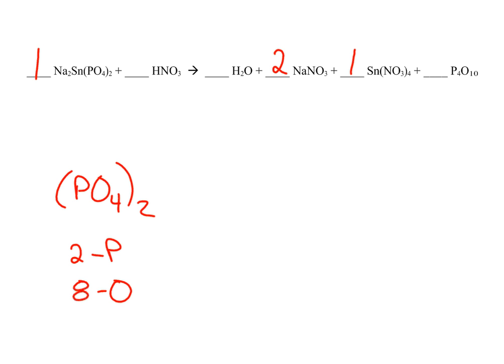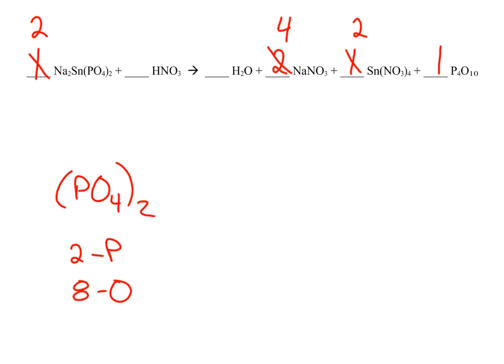So I'm going to go back over and I know I have to have at least 4, so I'm going to double everything that I've written already. And again, this guarantees that all the things that I wrote up there before will stay balanced. Okay, now I find that I have 4 phosphorus on the left, and so I can put a 1 over here to get 4 phosphorus.